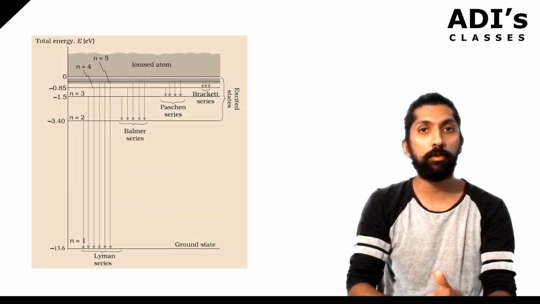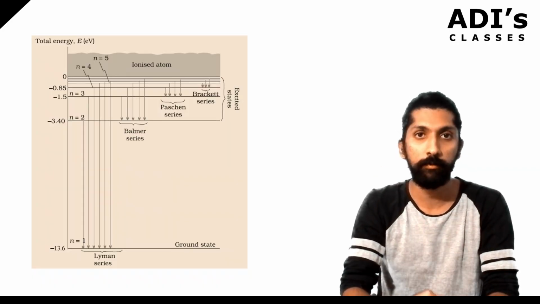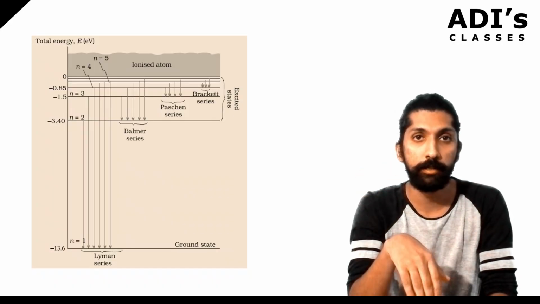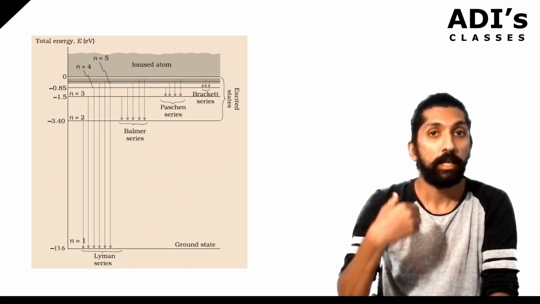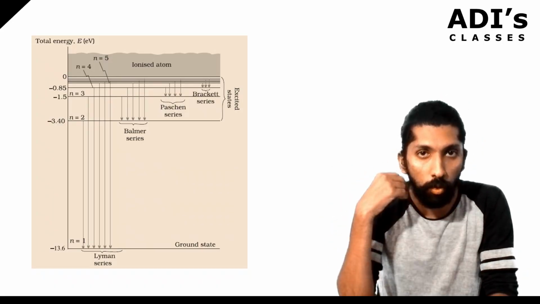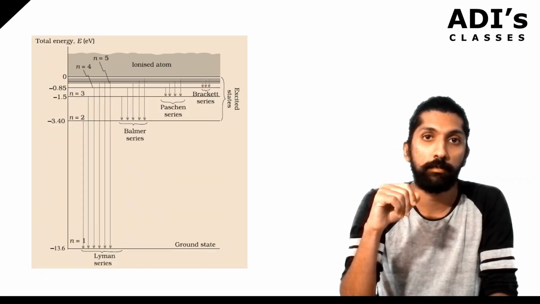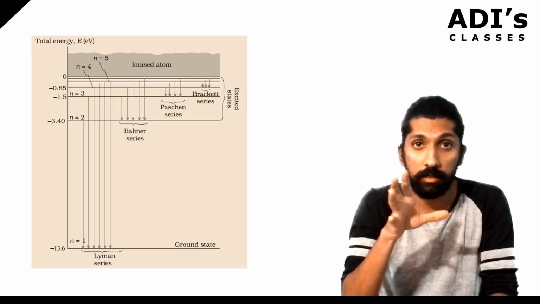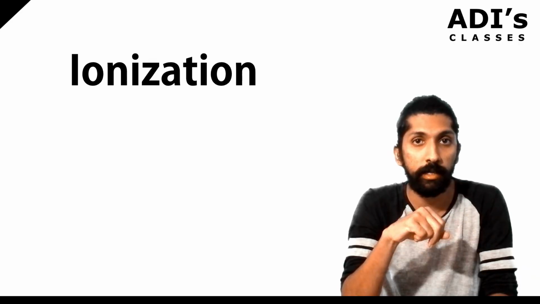Now just imagine, suppose you're giving energy to an electron. Some energy you give, it excites. Let's say it went from the first orbit to the second orbit. You give more energy, it jumps to the third. Keep on giving energy, so 4, 5, 6, 7. Let's say you give so much energy that it just gets knocked out of the orbit of that particular atom. Here the atom which was neutral is now being ionized, correct?